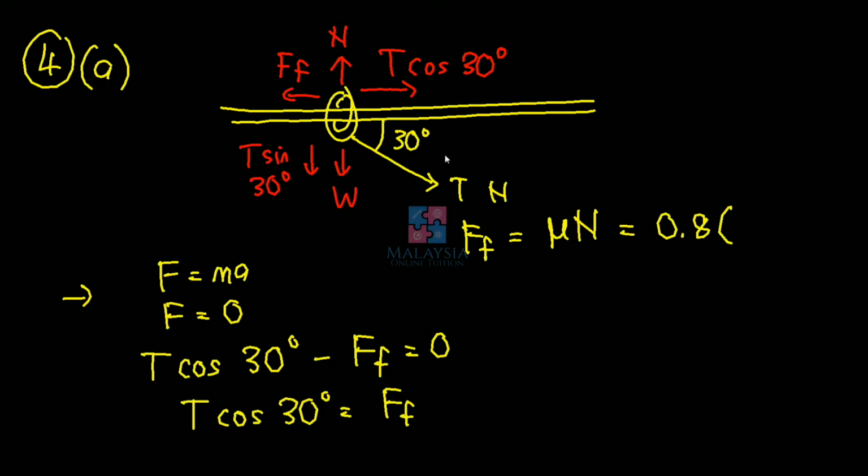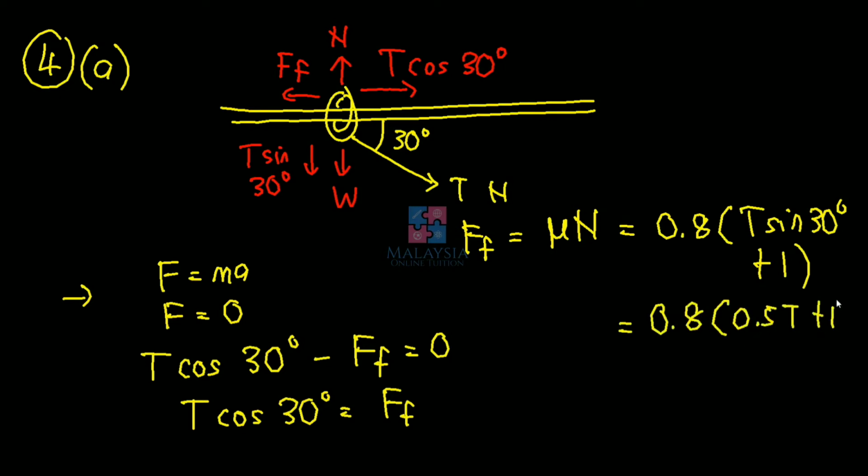As you can see, the normal force equals T sine 30 degrees plus W, and W will be 0.1 times 10, which is 1. So this will be 0.8 times 0.5T plus 1. And then finally, it will be 0.4T plus 0.8 for your frictional force.